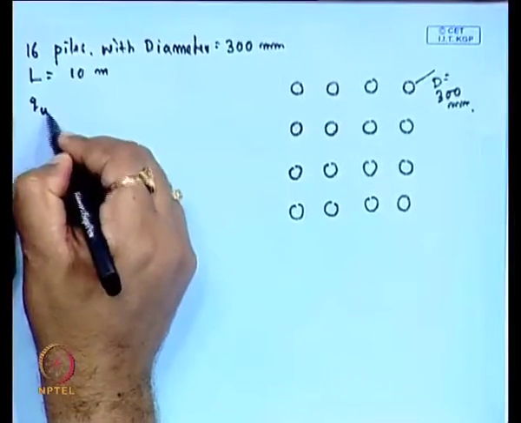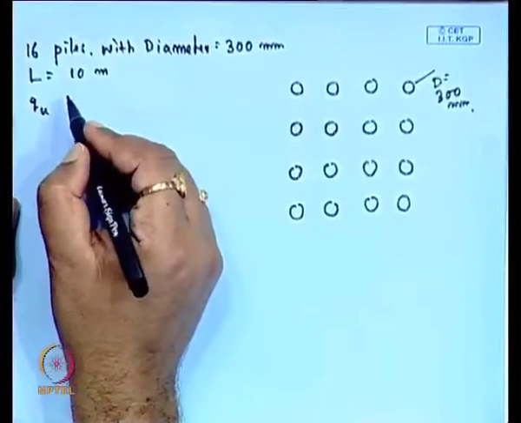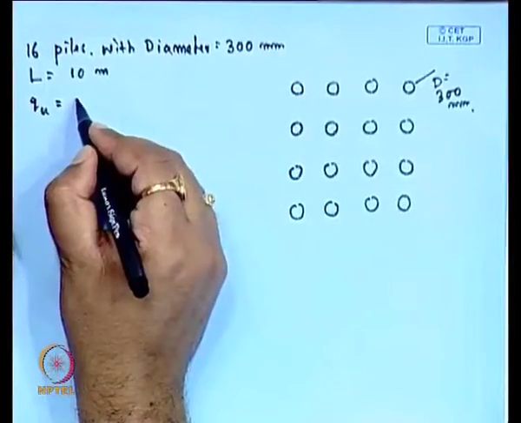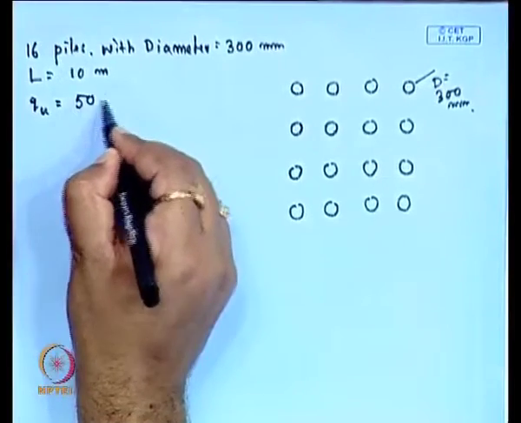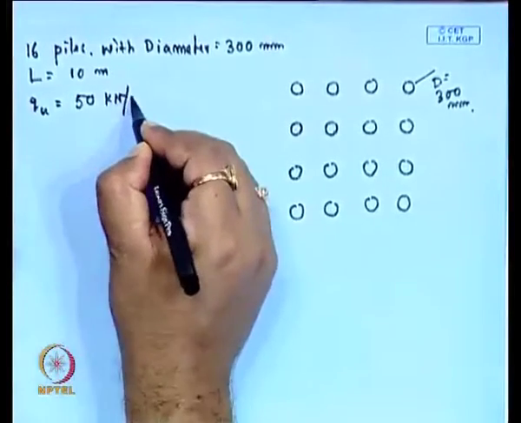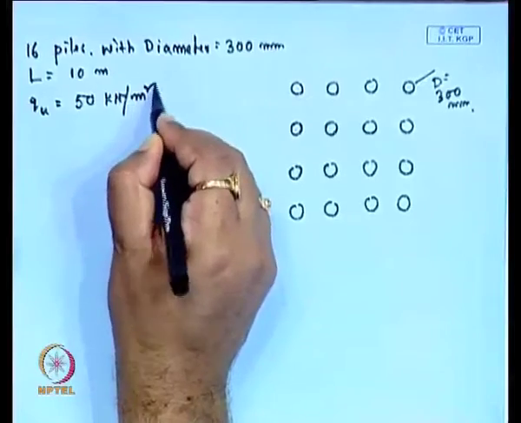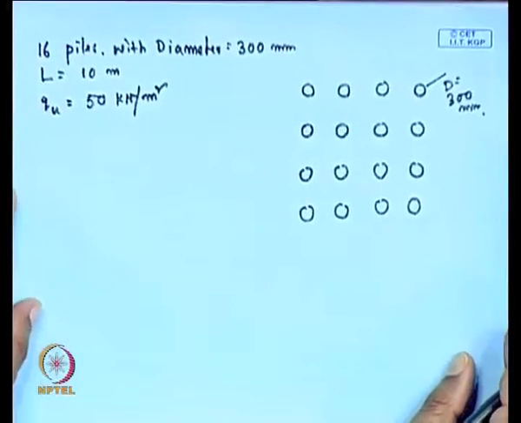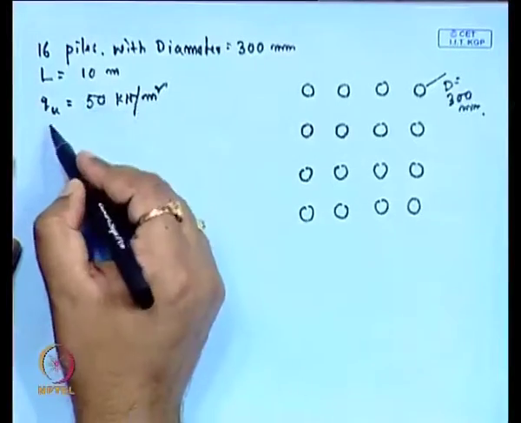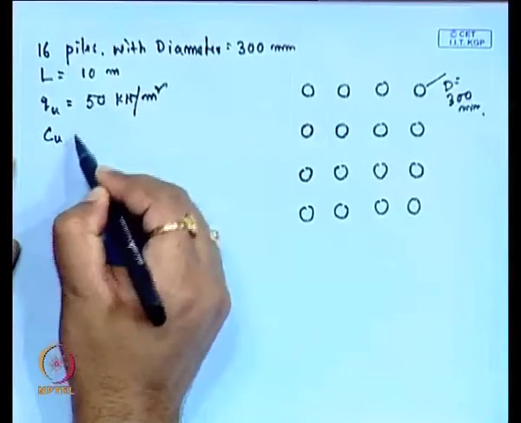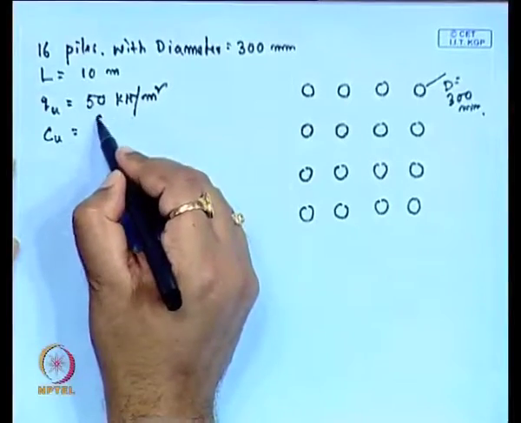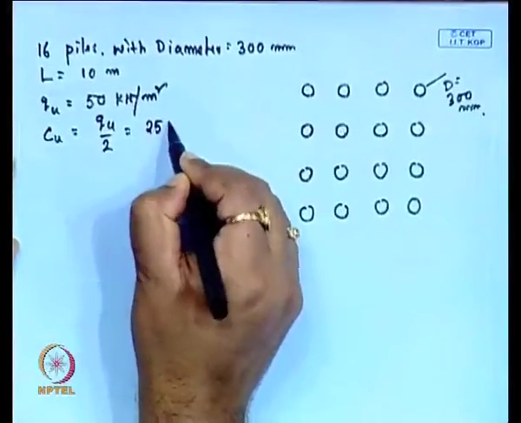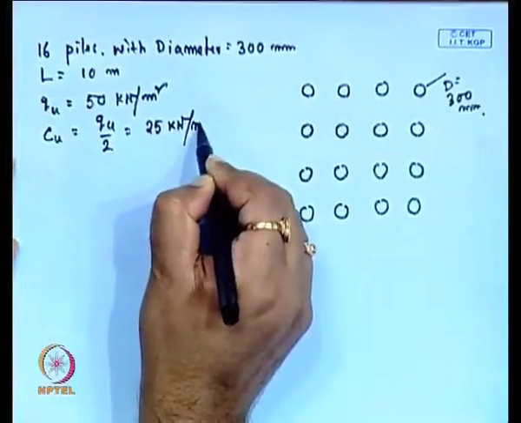Now, the undrained QU, the unconfined compressive strength of the soil, is 50 kilonewton per meter square. So we can calculate CU, the undrained shear strength of the soil, that will be QU divided by 2, so that is 25 kilonewton per meter square.